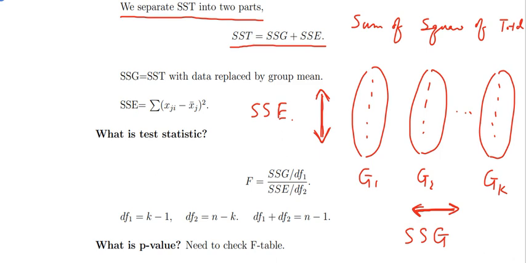But here errors means not so clear. Actually this name is not so precise. So some textbooks prefer to use this. This is between groups.